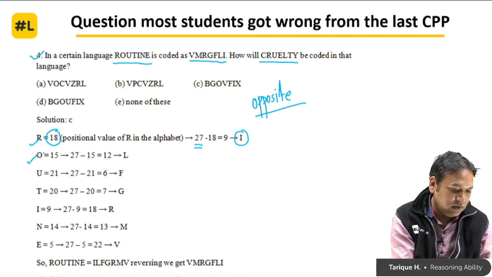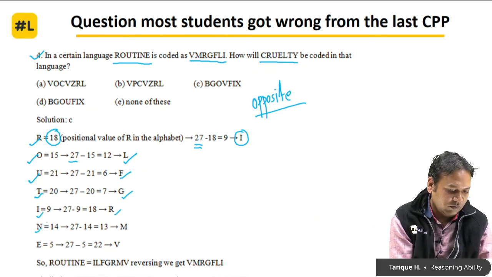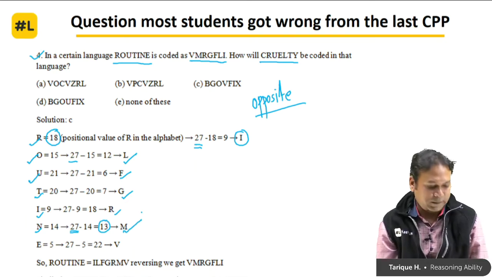So here O's opposite letter is L, again we are subtracting from 27, same thing with U, F, T, G, I and R and so on. For each letter we are subtracting from 27. The value we get, we take that letter as the opposite letter.